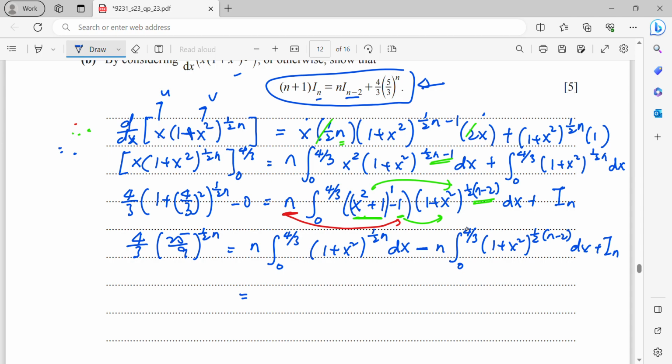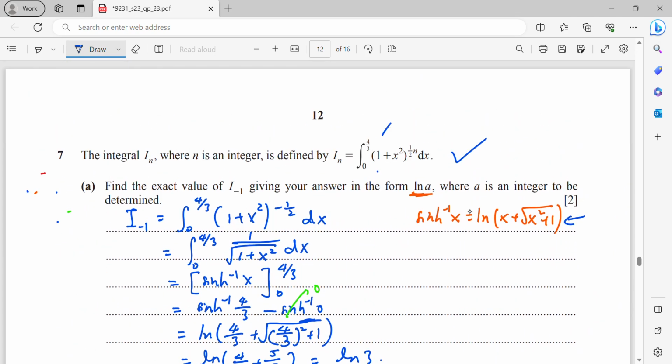Okay, so here I will get the left hand side. It will be degree half of 25 over 9, which is basically 5 over 3. So I will write 4 over 3 times 5 over 3 to the power of n, because I bring in the degree half. Then this is n minus In. Look at here. If here is n, this is n.